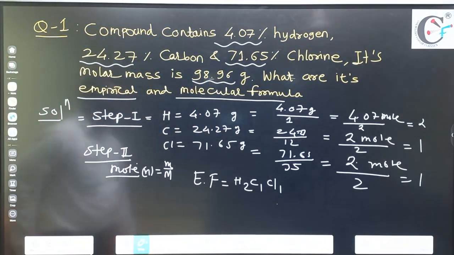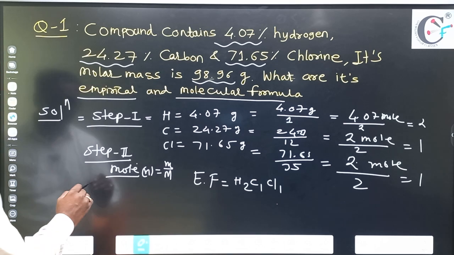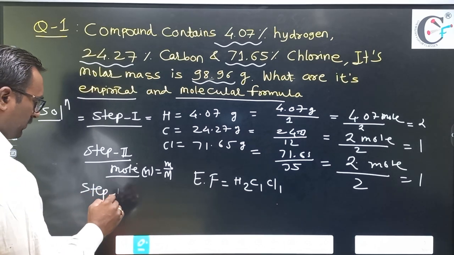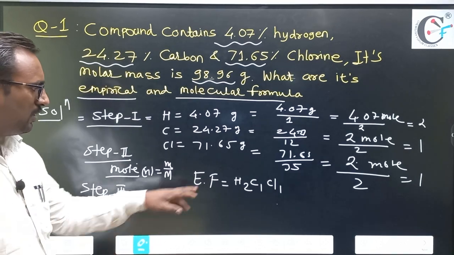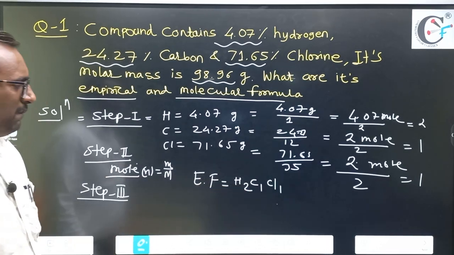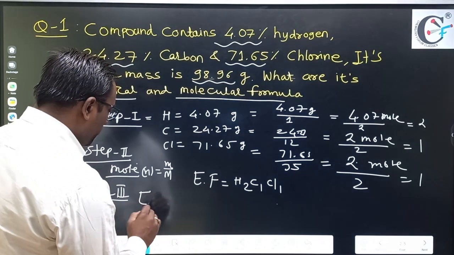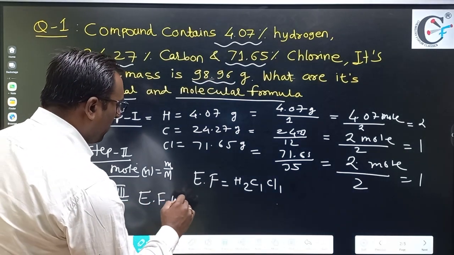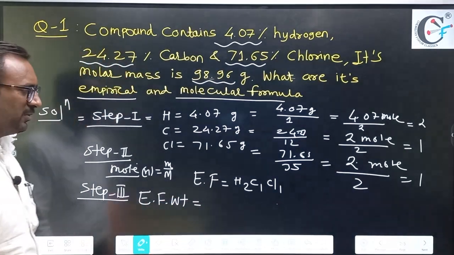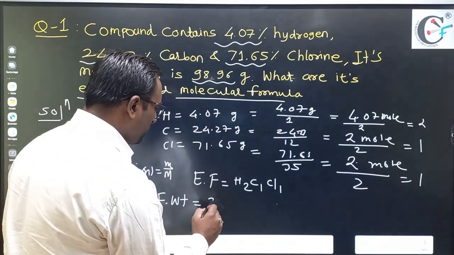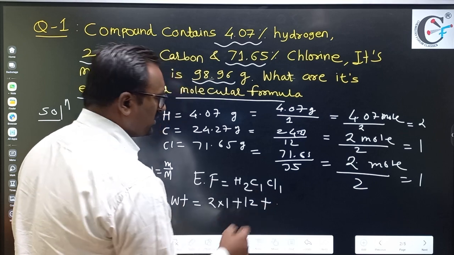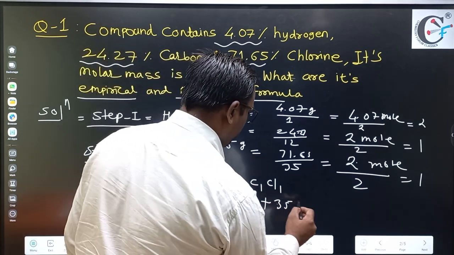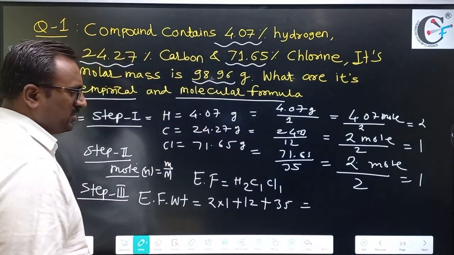Okay. Now step 3, calculation of empirical formula weight, which will be equal to, how many hydrogens are there? 2 into 1 plus 12 plus 35. Just do the addition.